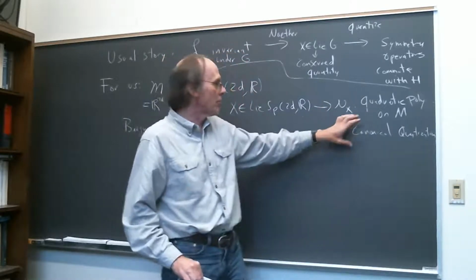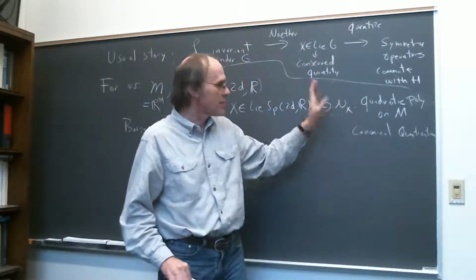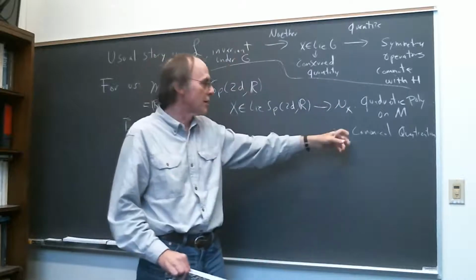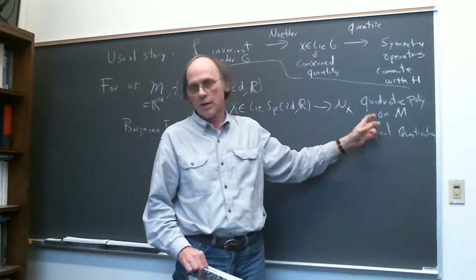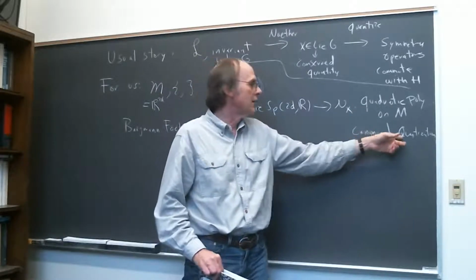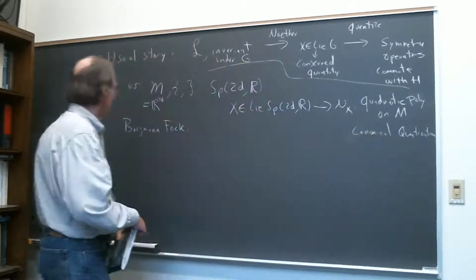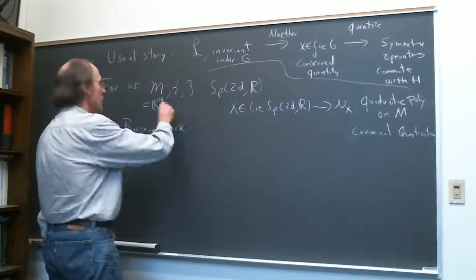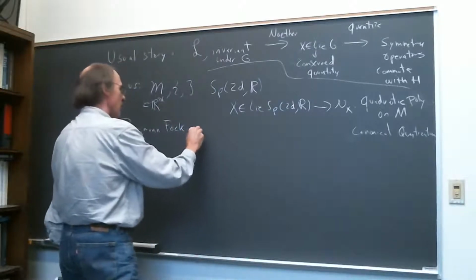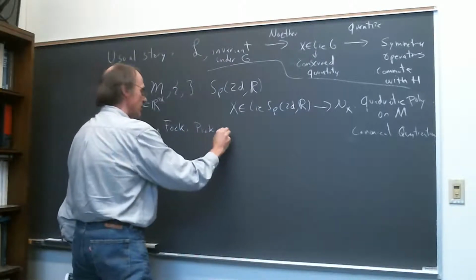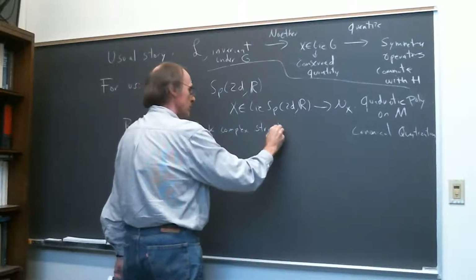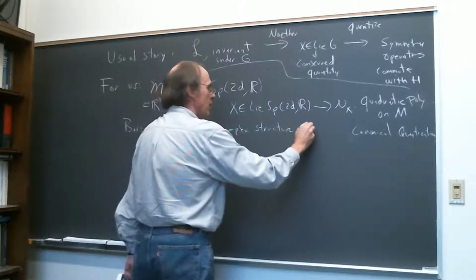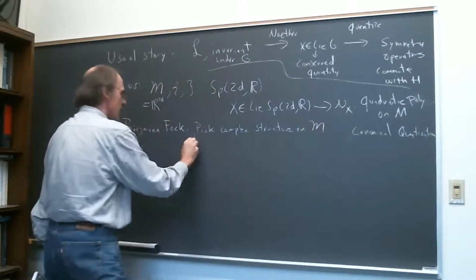One way to do it is the Schrodinger quantization, to quantize by looking at states as functions on configuration space and looking at operators. But what Bargmann-Fock says is that you pick a complex structure on M.